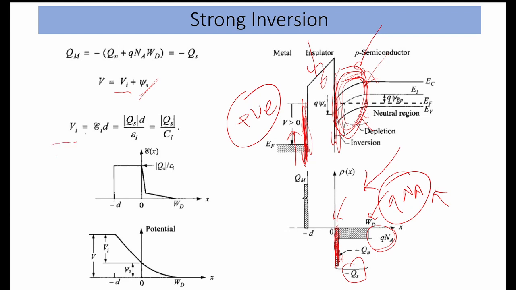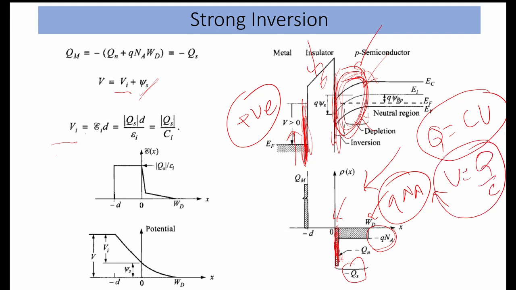Q is equal to CV. Okay, as you have seen, Q is equal to CV in a capacitor, so voltage is equal to Q by C. The charge in the metal will be equal to whatever charge is in the semiconductor, because the total charge should be balanced.